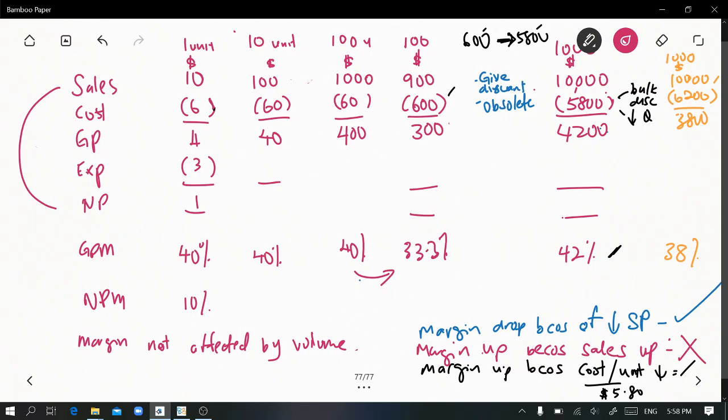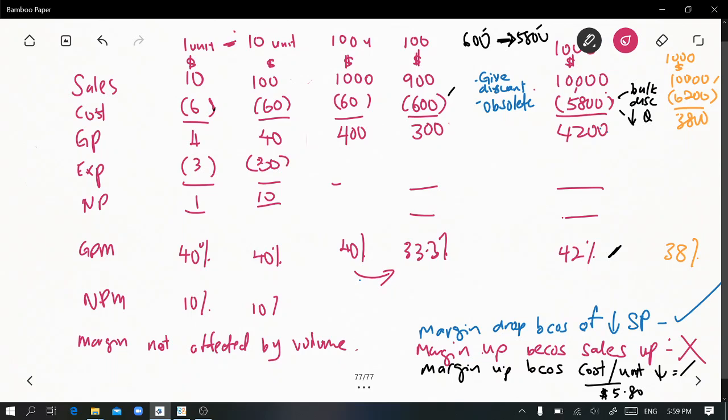Cost is $6 per unit, so 60. GP margin remains. Expenses up from 3 to 30, profit is 10. So 10 divided by 100, still 10%. Again, net profit margin is not affected by the volume. You sell more, you sell less, if everything is maintained, your margin will be maintained. Okay?